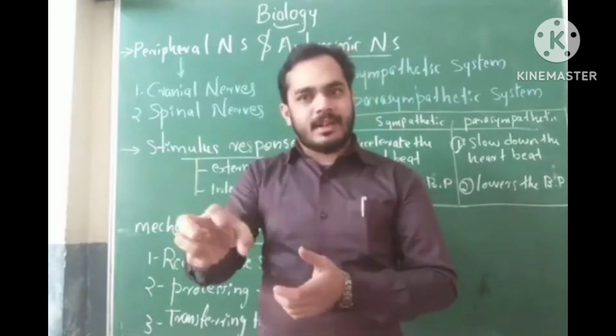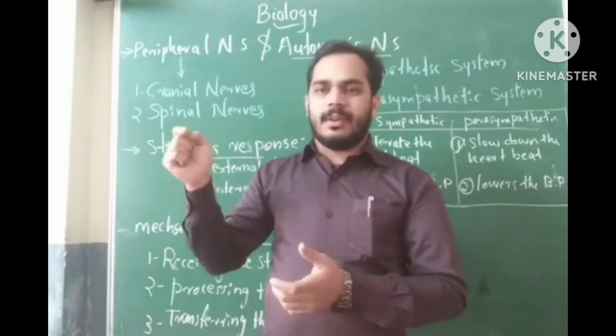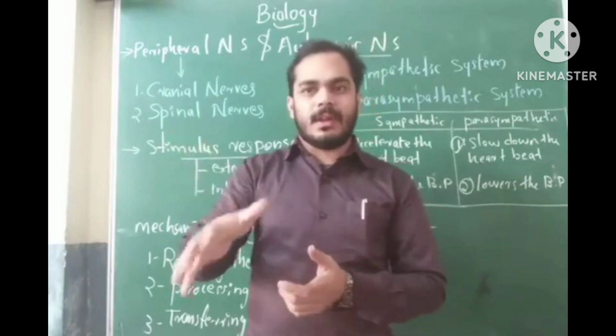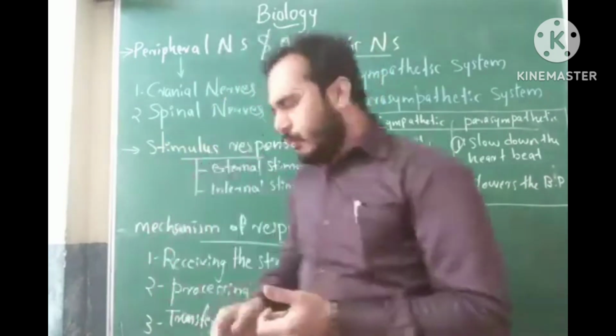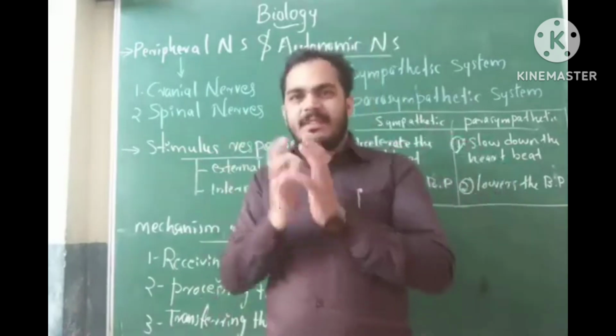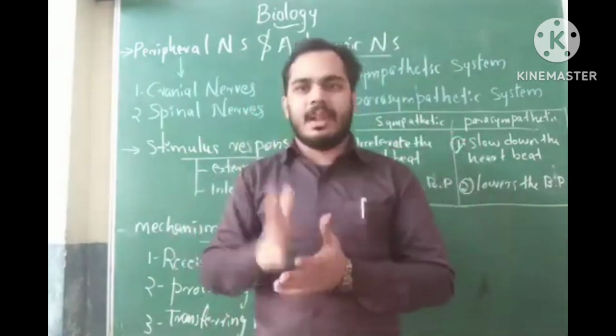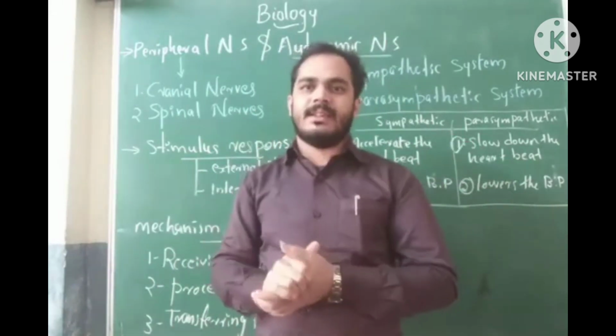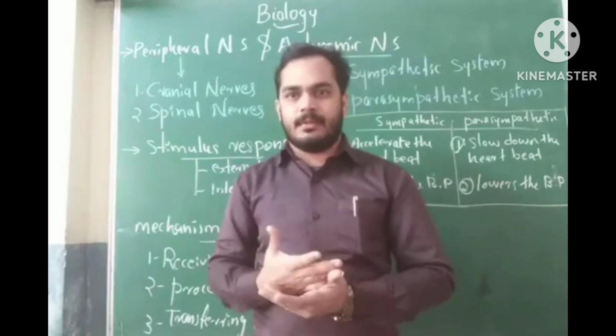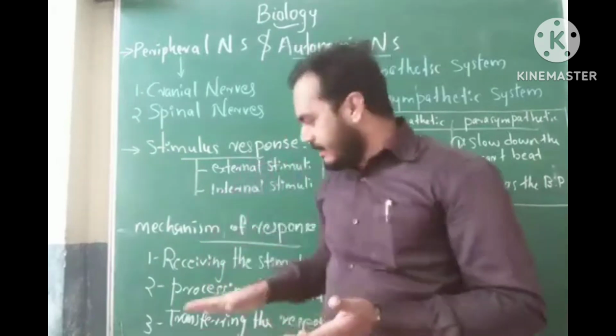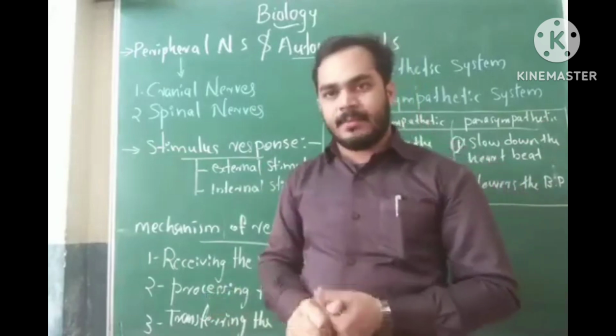So as a result, we take the finger or part of the body away from the hot water. So the brain, after receiving the message, will calculate and arrange in this message whether it is good or bad for the human. Okay, that is the second process, processing the stimuli.